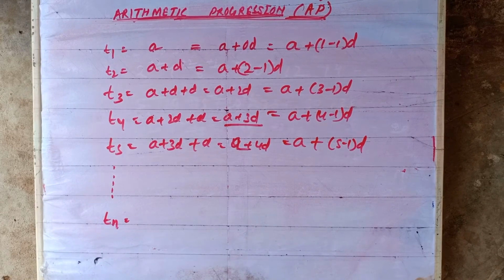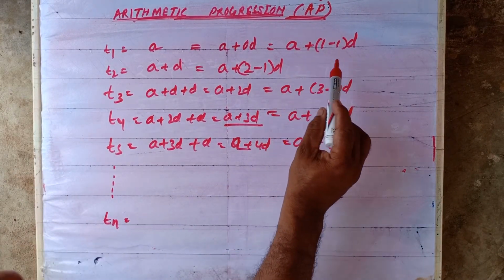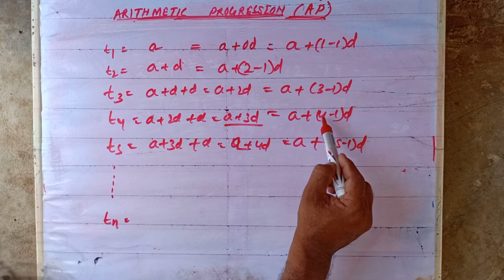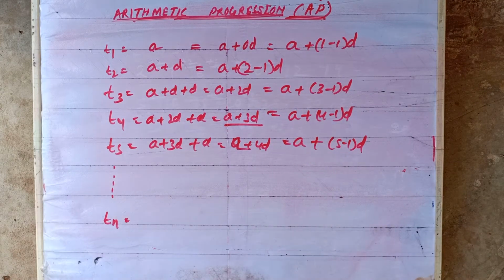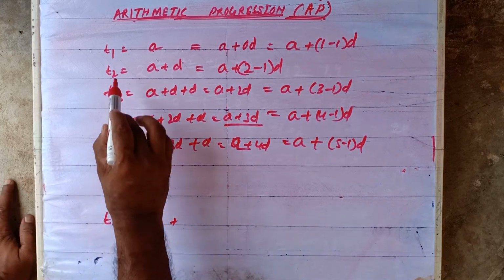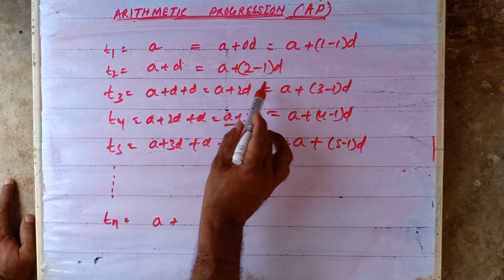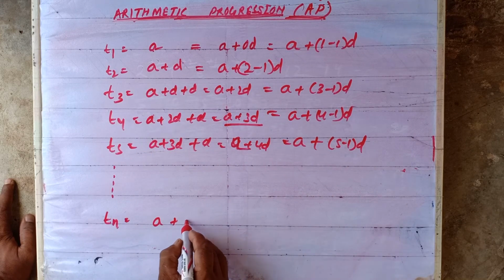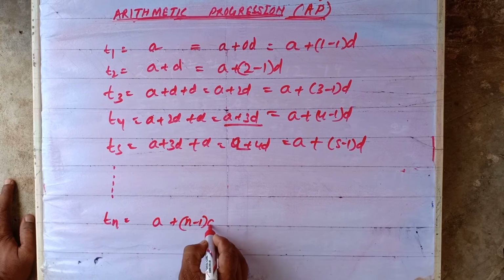If you see the sequence, you can observe a plus 1 minus 1, a plus 2 minus 1, a plus 3 minus 1, 4 minus 1, 5 minus 1. First means 1 minus 1, second means 2 minus 1, third means 3 minus 1, so n means n minus 1, into d.